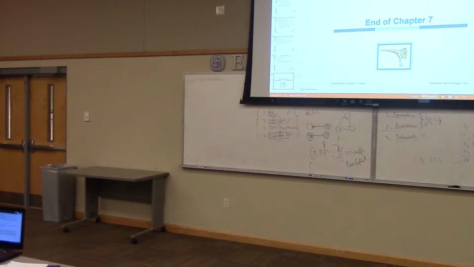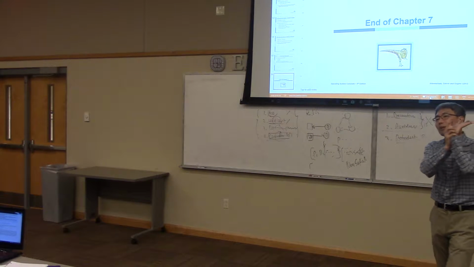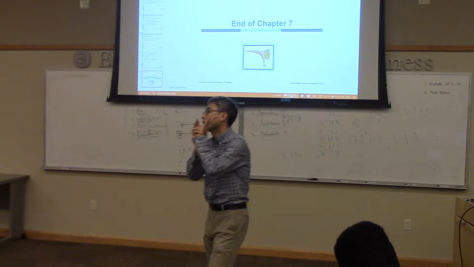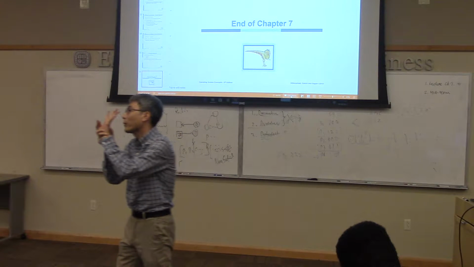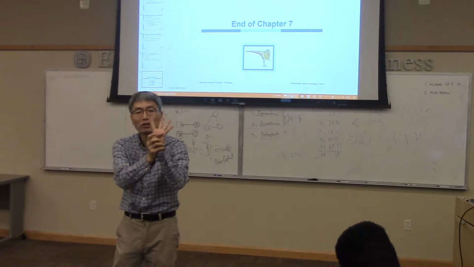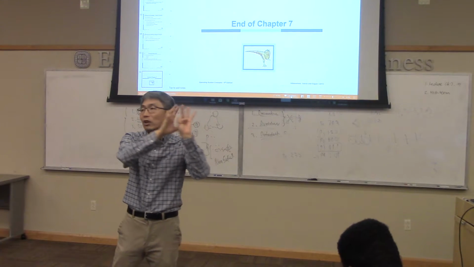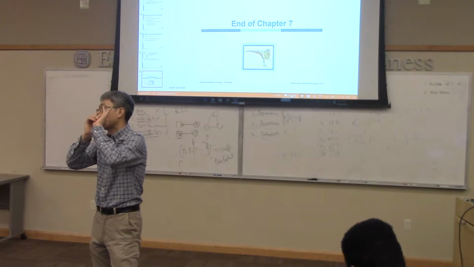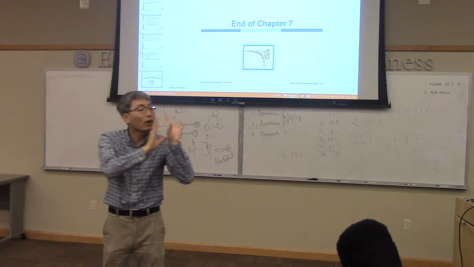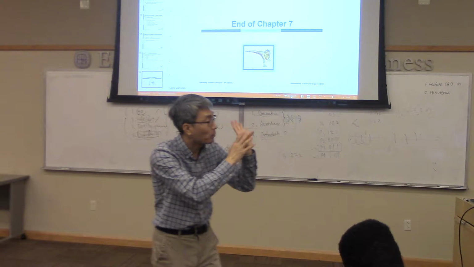Then next part, we are going to skip a couple of chapters, as we discussed at the beginning of the semester. So we are going to cover 3 main parts of the operating system. One is the process management, another one is the memory management, and third one is the I/O management. The 3 parts. So we did the first half, the process management.